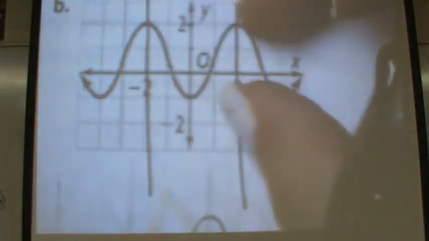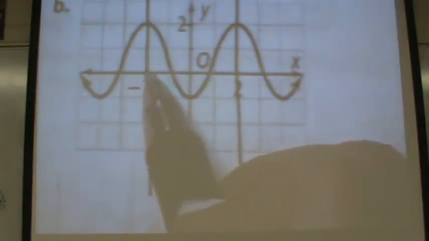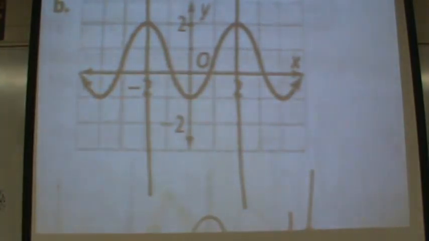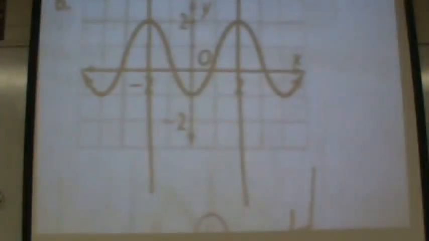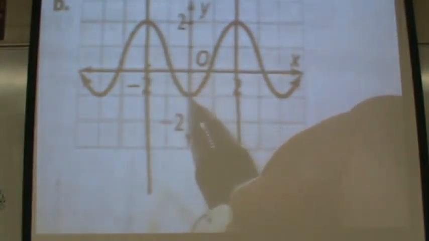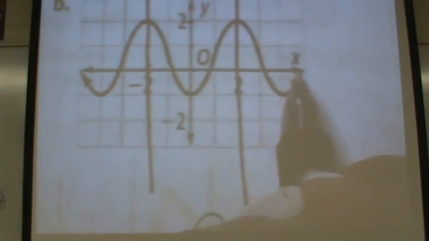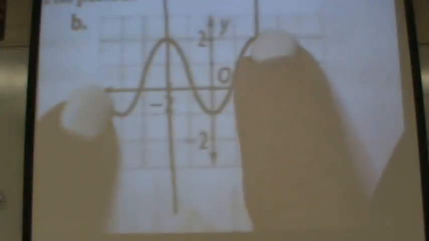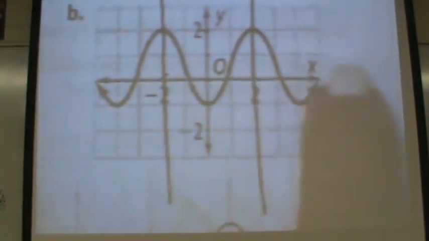See this right here? Would you say this x-axis is halfway between this highest point and this lowest point? No. You see that from here to here is bigger than from here to here. If we could move this line, where would we move it so it cuts the highest point and the lowest point right in the middle?